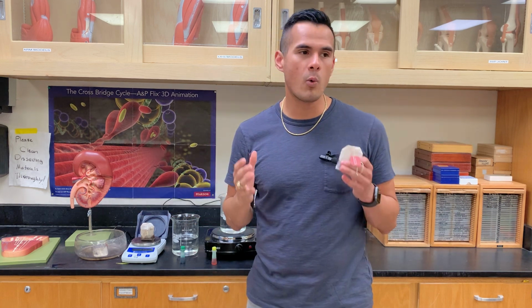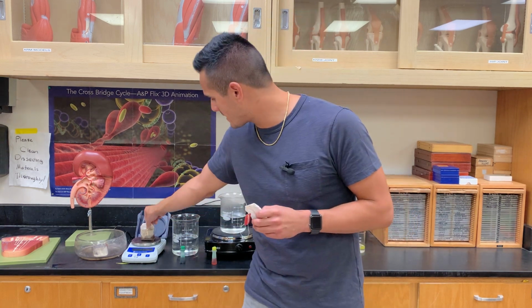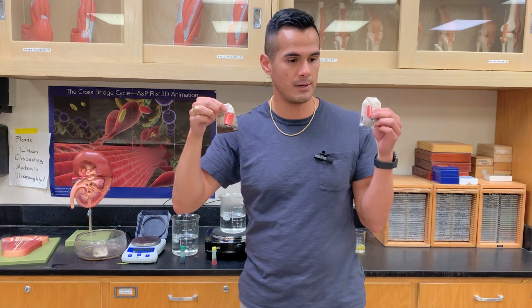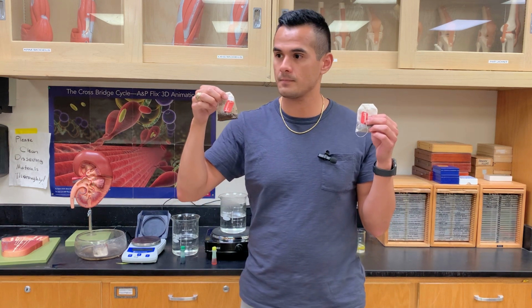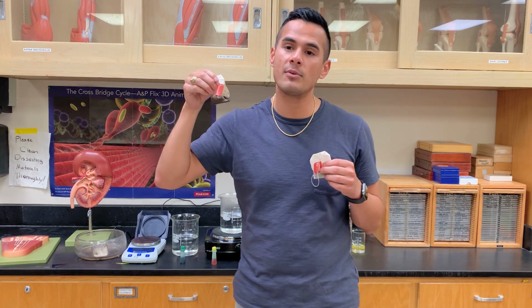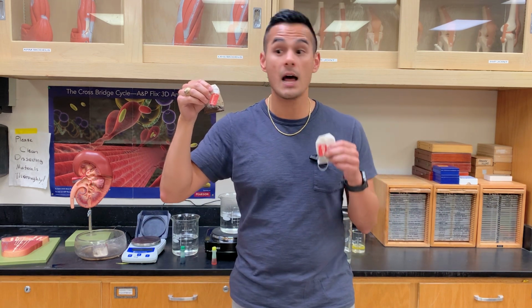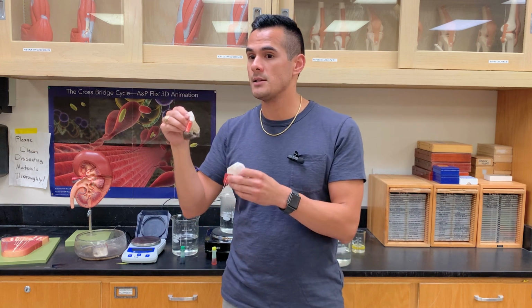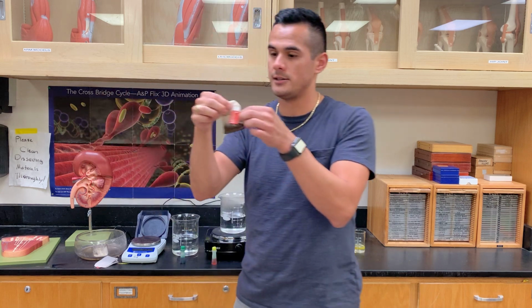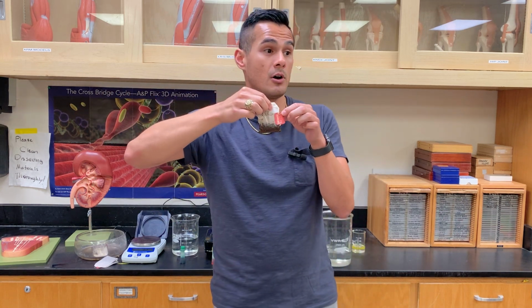Why is it the case that this tea bag weighs so much more compared to the dry one? Because it soaks up all the water through what type of process? Osmosis. So what would we compare this to?